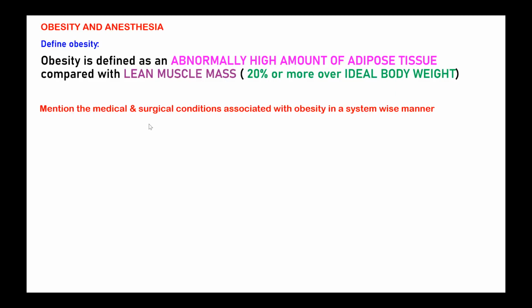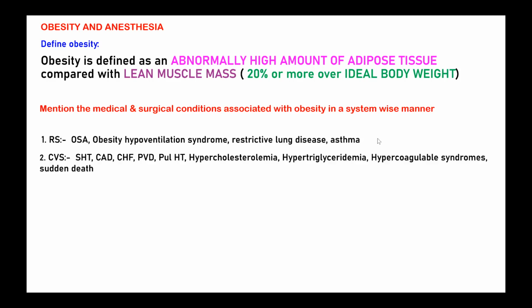The medical and surgical conditions associated with obesity, system-wise, are: in the respiratory system, you can have OSA, obesity hypoventilation syndrome, restrictive lung disease, and asthma. CVS, they may have systemic hypertension, coronary artery disease, congestive heart failure, peripheral vascular disease, pulmonary hypertension, hypercholesterolemia, hypertriglyceridemia, hypercoagulable syndromes, and sudden death.